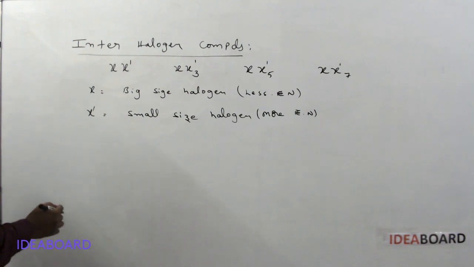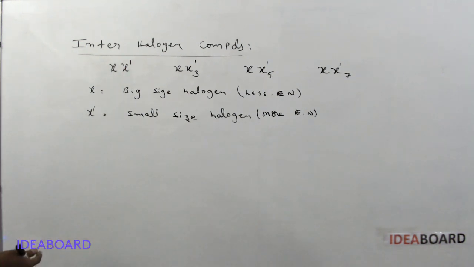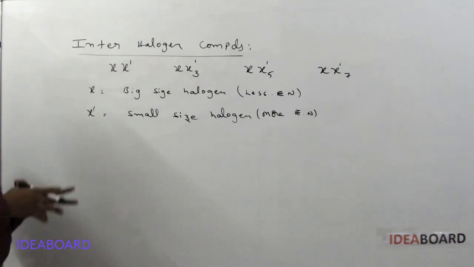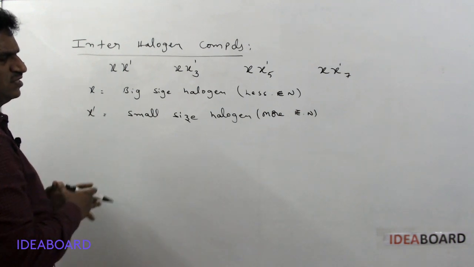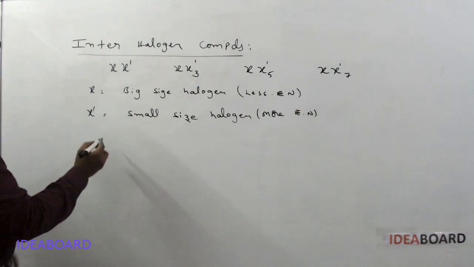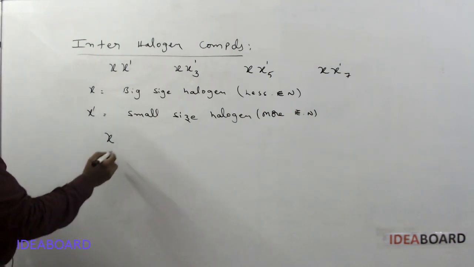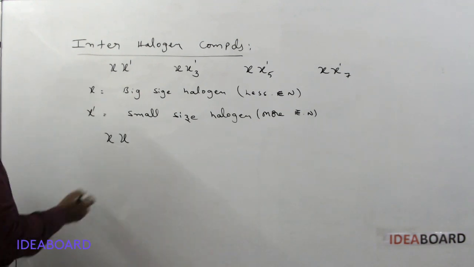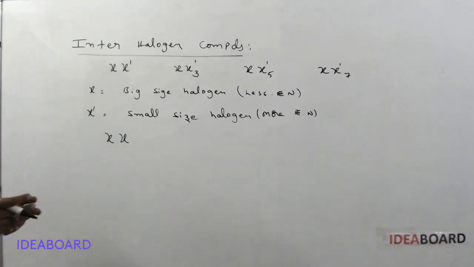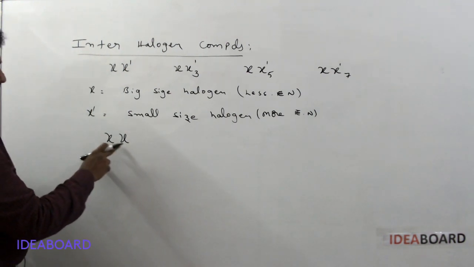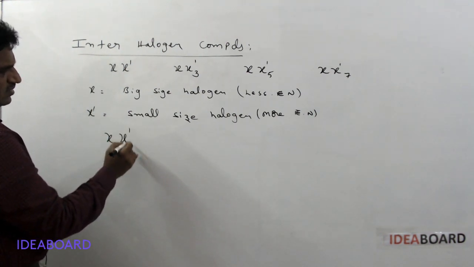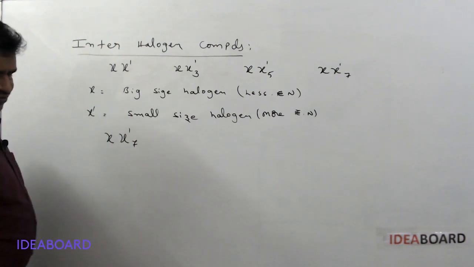Why is a big sized halogen and a small sized halogen taken? A big sized halogen can always accommodate more small sized atoms around it. So a big sized halogen atom can form XX dash type up to 7 also.